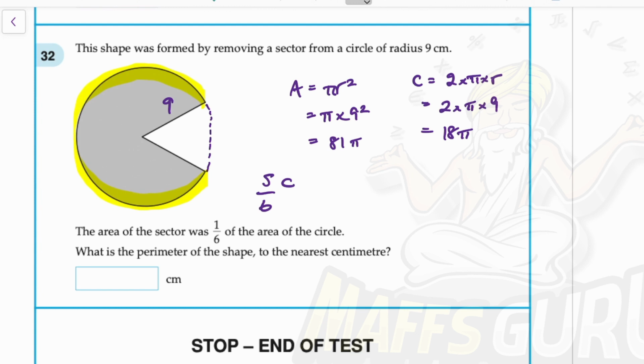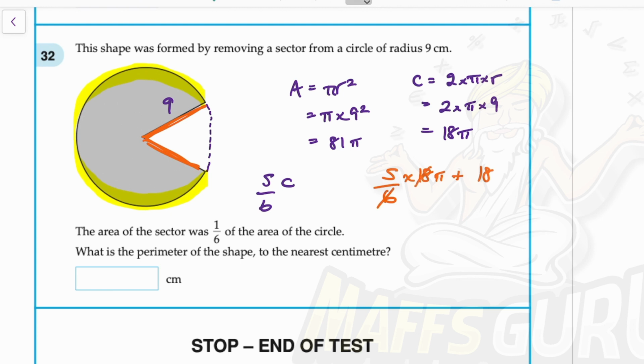So we are looking for 5/6 of the circumference, which is 18 pi, and we're going to add on to that. All that's done is give me the yellow highlighted section, this length here and this length here, which will be plus 18.